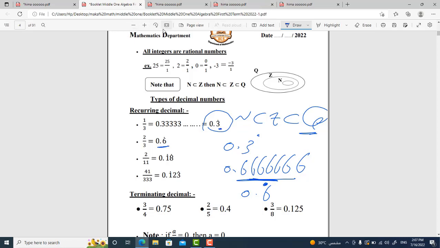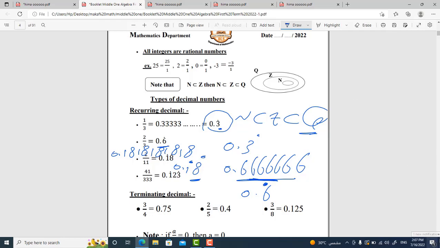Here 2 over 11, the same way, 0.1818181818. So the answer is 0.18, put a dot over each repeated digit. This is called recurring decimal.